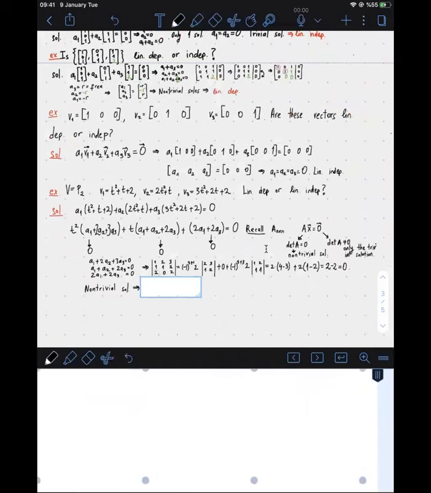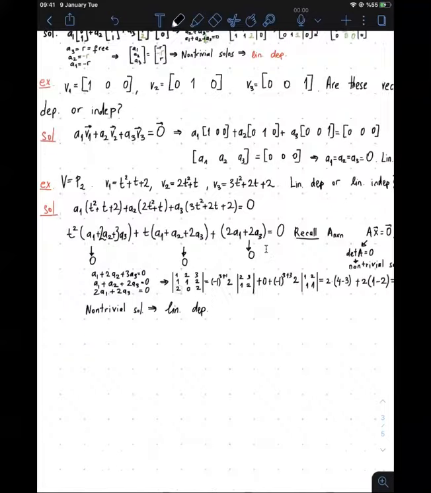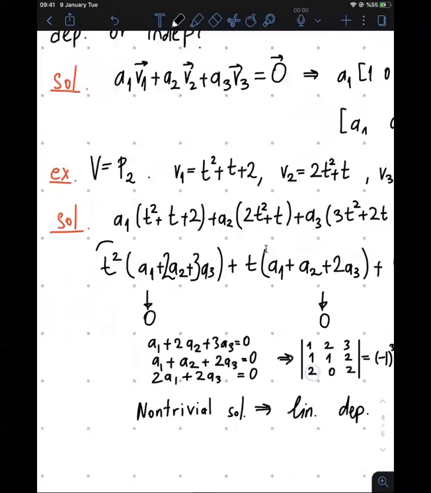Okay, the answer is linearly dependent. Okay, so this determinant method is really useful. For this specific problem, there was an easier way. There was an easier way of seeing that these vectors are linearly dependent. Let's call this first method.